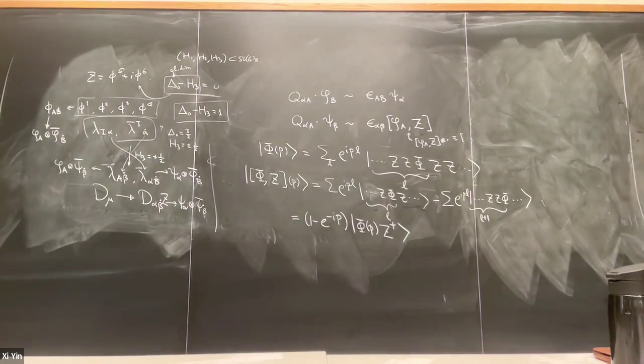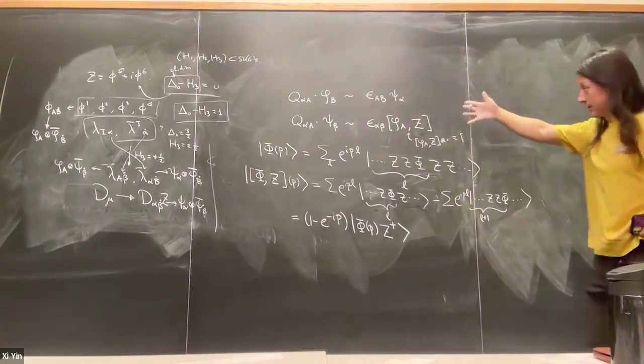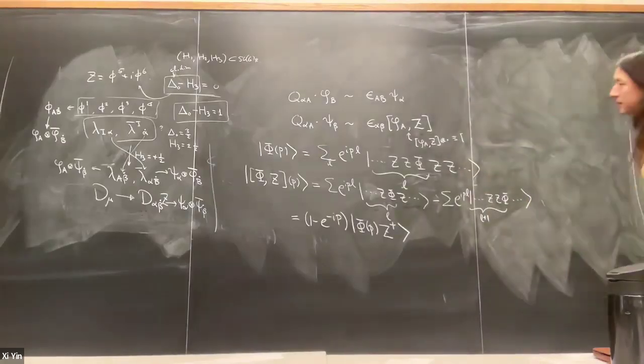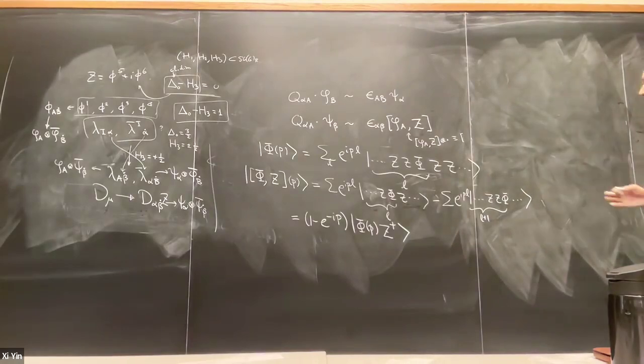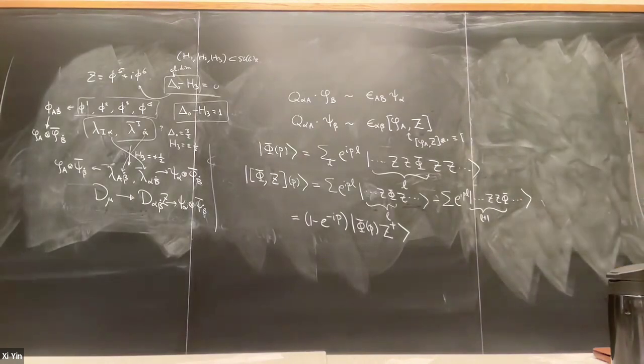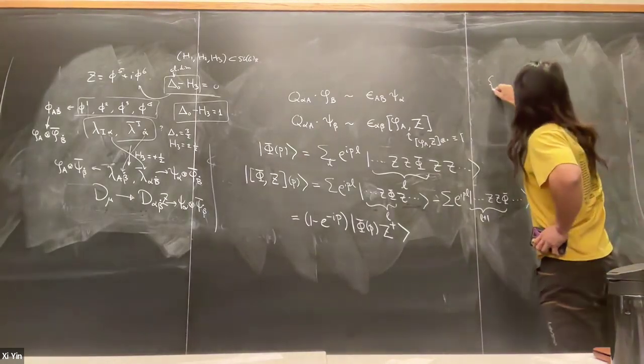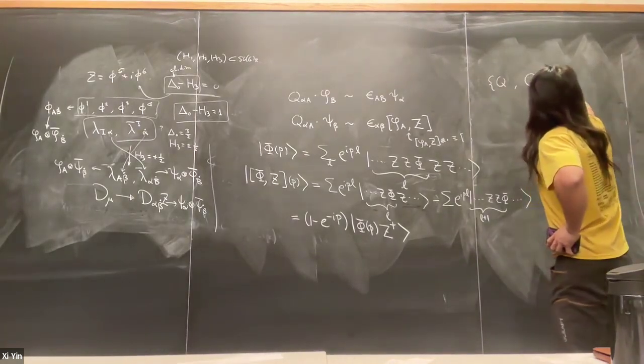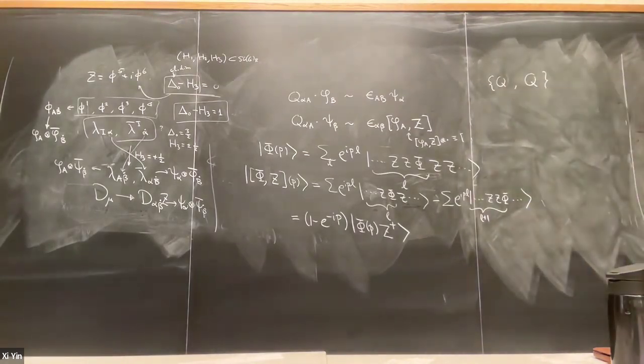If you check according to these transformation rules, it's very simple, but has non-trivial consequences. You just check how the Q's act on these magnons on the open chain. I said earlier that the Q commutator is 0, but once you allow yourself to consider the open chain, the Q commutator is no longer 0. So you can just check the algebra.